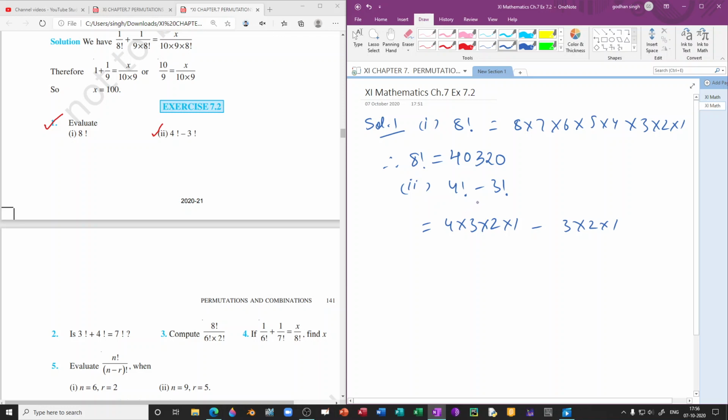This factorial cannot be taken out common. 4 into 3 is 12, 12 into 2 is 24, 24 into 1, so that is 24, minus 3 into 2 is 6, 6 into 1 is 6, so 24 minus 6, and that is equal to 18. Therefore, we can say that 4 factorial minus 3 factorial will be equal to 18. So this is the answer of question number 1, second part.